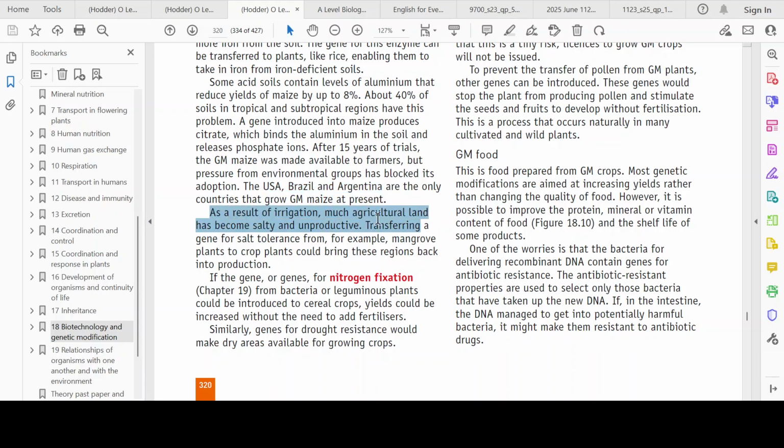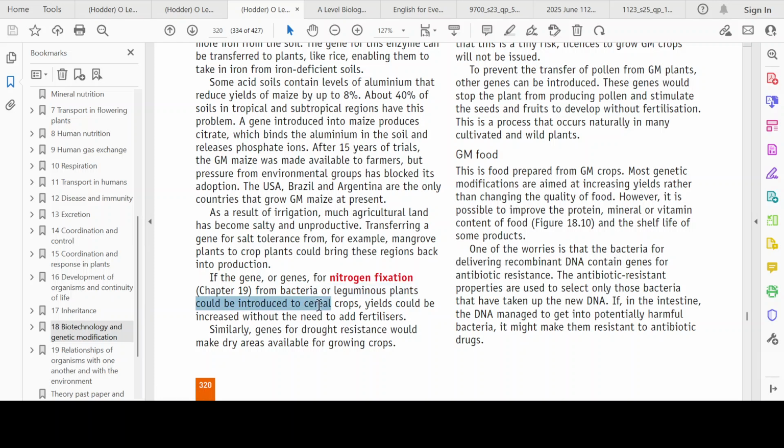As a result of irrigation, many agricultural lands become salty and unproductive. So introducing a gene for salt tolerance can maybe make it possible to grow plants in these regions. Then you've got the gene for nitrogen fixation from leguminous plants.